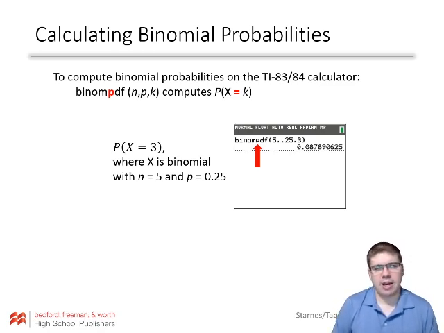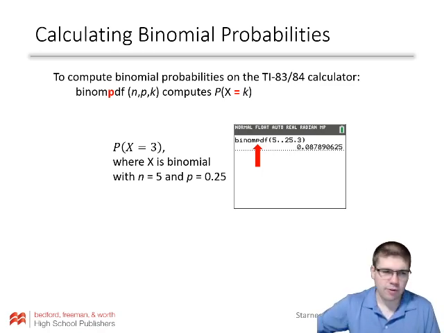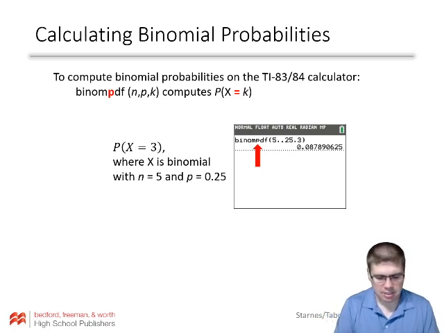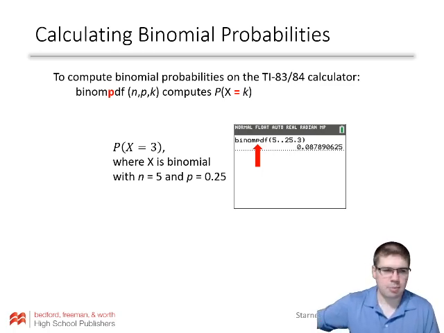You're going to find a few commands that we're going to need for this, and that's binompdf and binomcdf. They're way on down there at the bottom. In fact, if you tap up, you get to them a little bit faster. You'll find them under second distribution, the same spot where you find normal CDF.